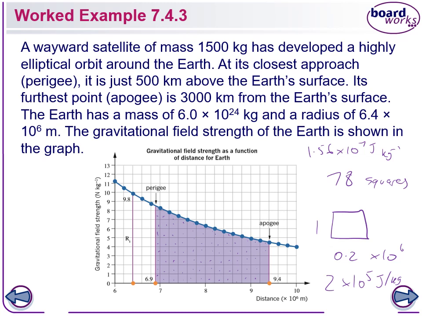And so if you multiply that amount of energy by the 1,500 kilograms of the satellite, we get 2.34 times 10 to the 10 joules. And that is its change in gravitational potential energy. Okay, so its total change in gravitational potential energy is 2.34 times 10 to the 10.